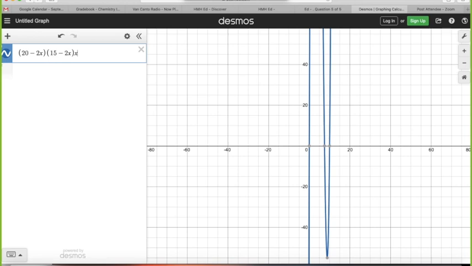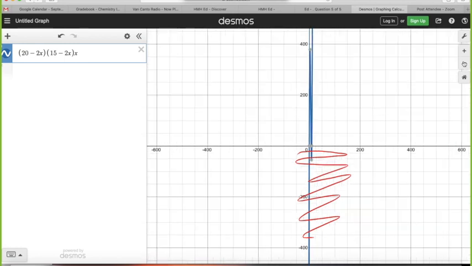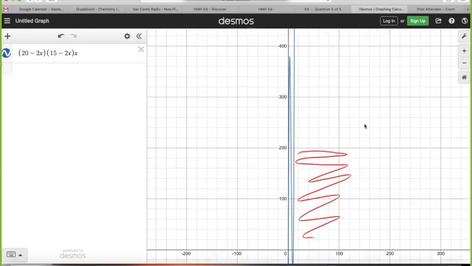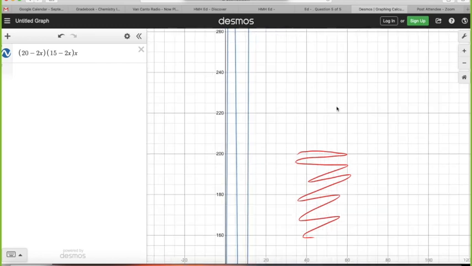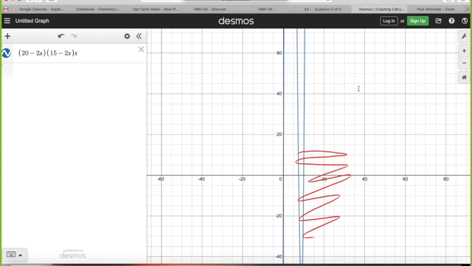Since we're dealing in the physical world, all of this stuff below the x-axis is meaningless to us because you can't have a negative length. That would be weird. Let's zoom in. And let's see here.